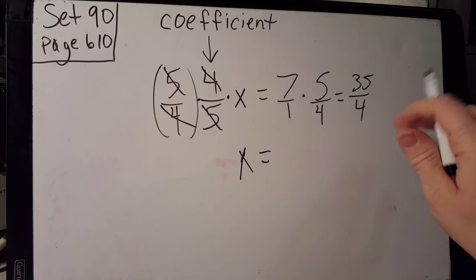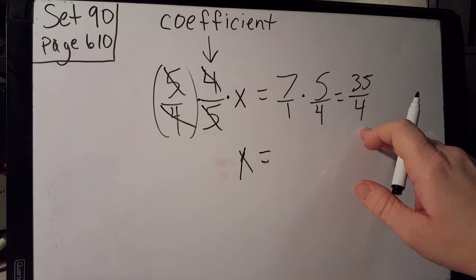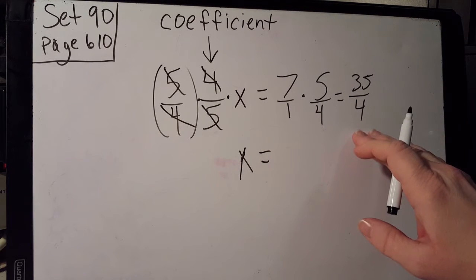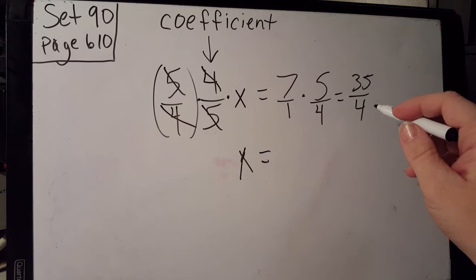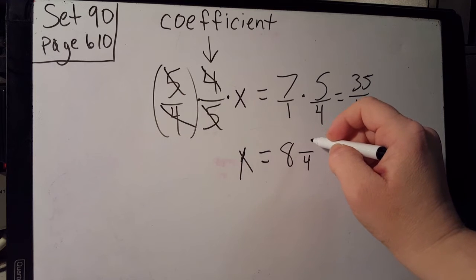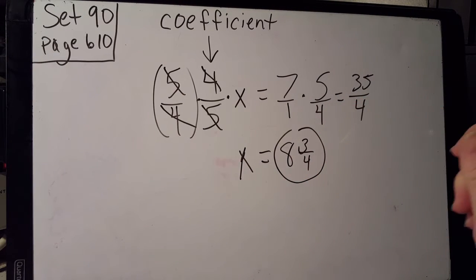In algebra, sometimes you can leave it as an improper fraction, but we do need to always try to be in the practice of simplifying it into the basic form that it can be, which would be a mixed number. So that would equal, if 4 were to go into 35, 8 times with 3 left over, so 8 3/4 would be your answer.